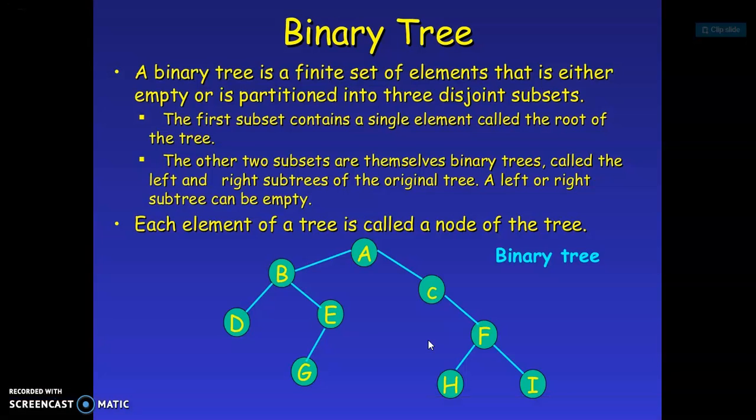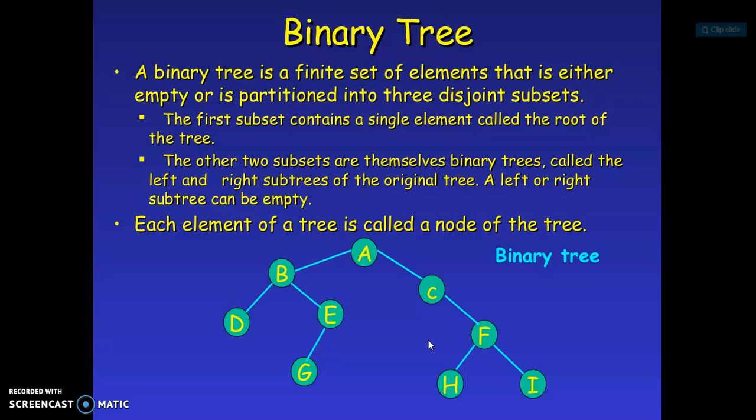We discussed in the previous class that a tree is nothing but a hierarchical structure, a non-linear data structure, because the elements are not stored in an order. As in our previous classes, linear data structures are arrays, stacks, queues, linked lists, doubly linked lists. In these, the elements are arranged in a particular way.